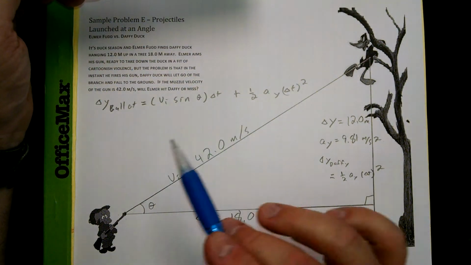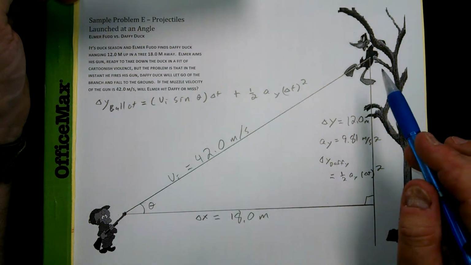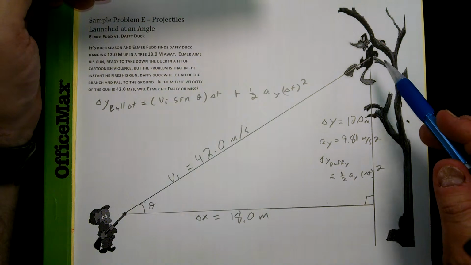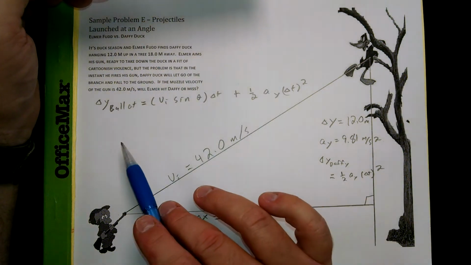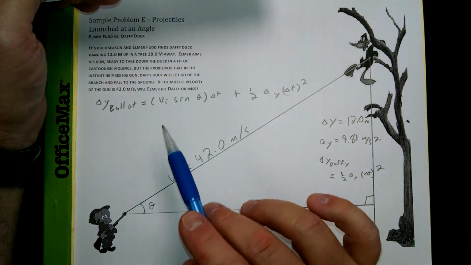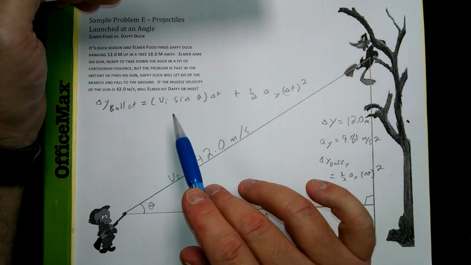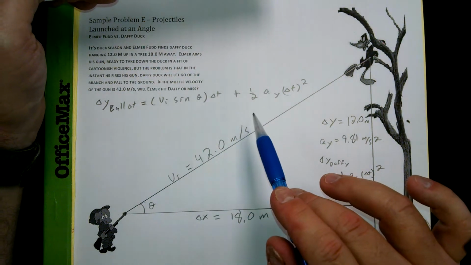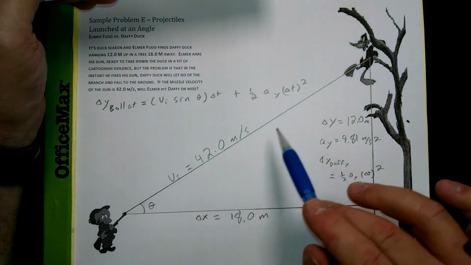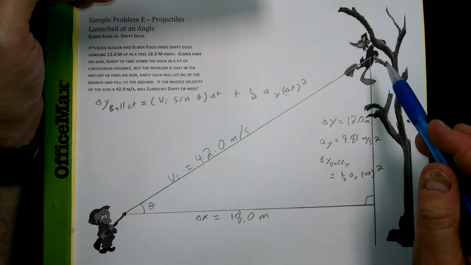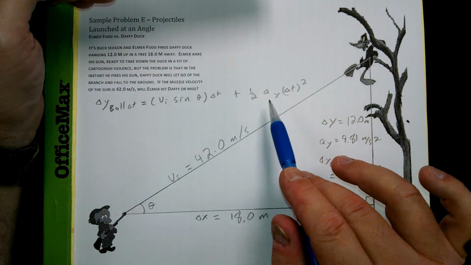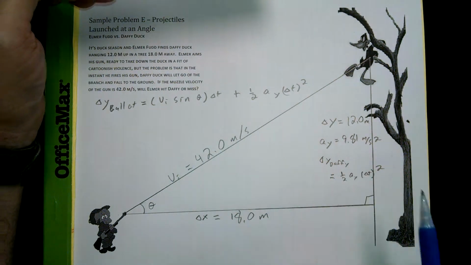The only difference is the bullet is being launched upward at an angle theta, and Daffy is falling. So in other words, we're trying to find out at the top of the arc, where is this bullet going to end up? If we didn't have to deal with gravity, the bullet would go in a straight line, but because we do have to deal with gravity, the bullet will also drop at the same time.